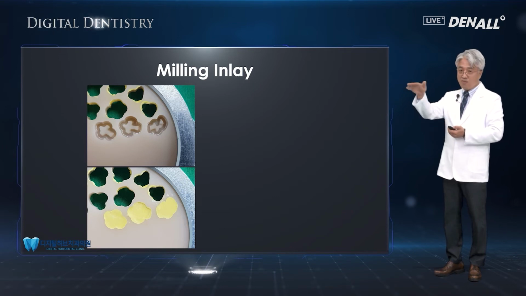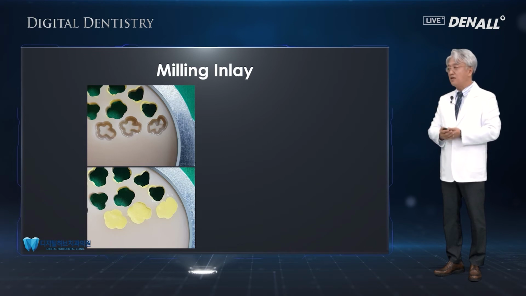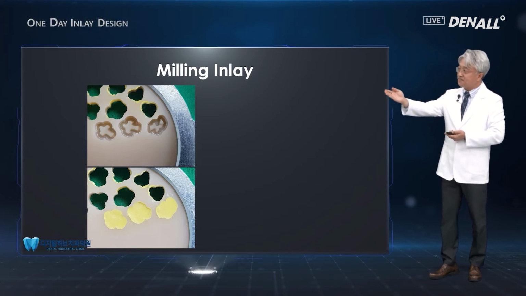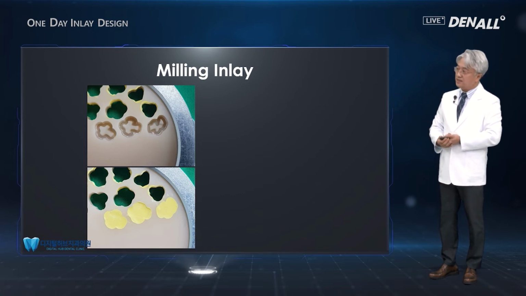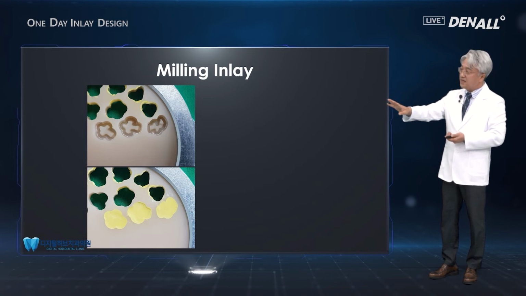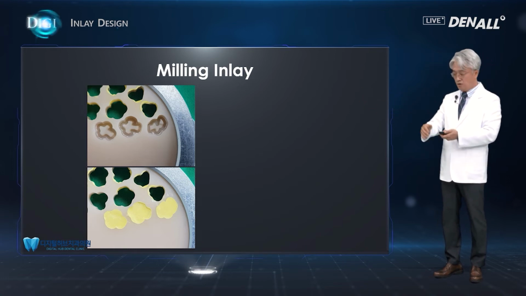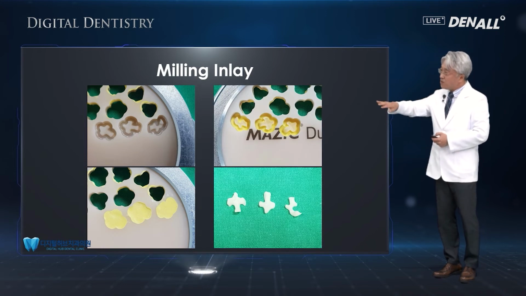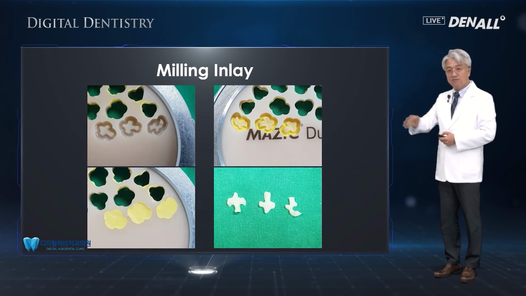So the inlay, the occlusal surface, and the bonding area, you divide that into two areas. So first, the bonding area is cut first, as you see on the top image, and once that is milled, then the stone is mixed, stone that can be hardened very quickly, and on the opposite side, the occlusal surface is milled again.